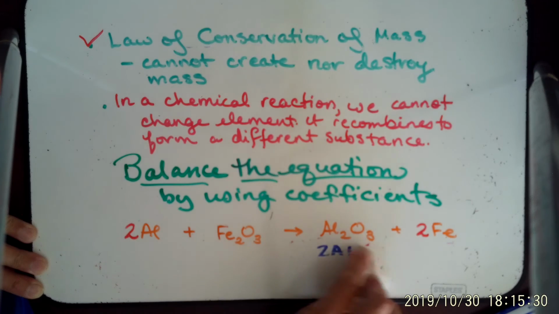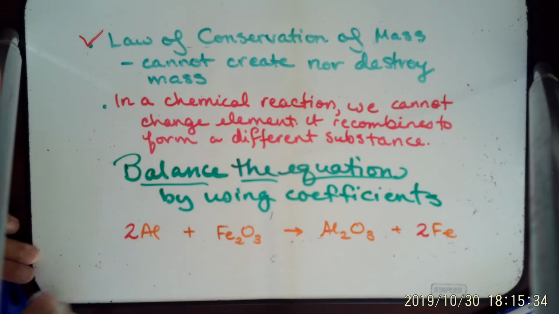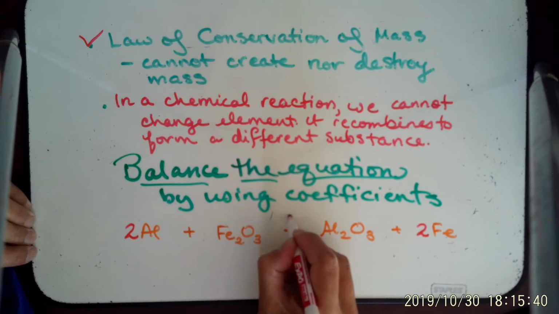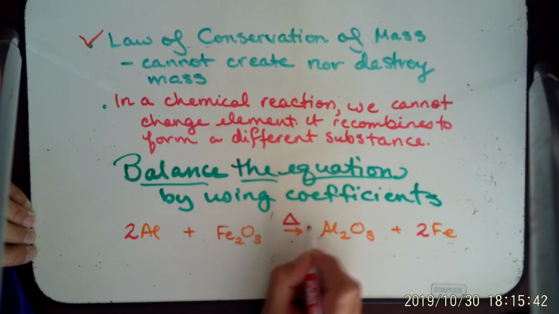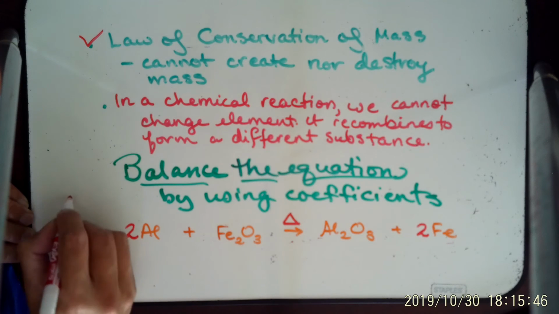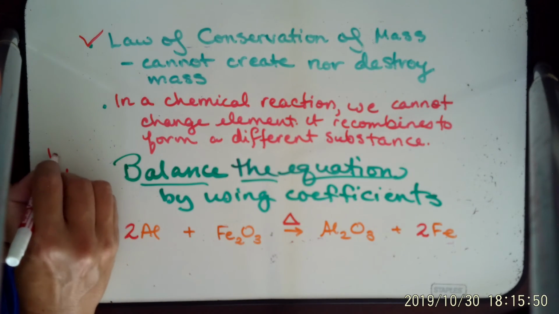So the last part, or two parts, is this. What we have to do is we have to add heat. So when it says upon the addition of heat, this triangle above the arrow means heat.